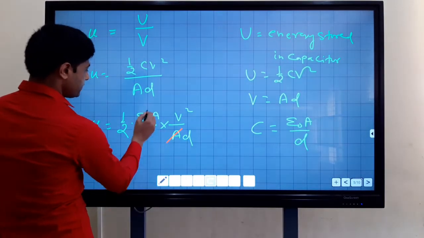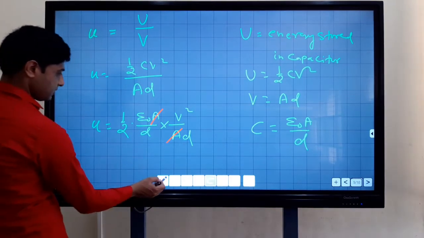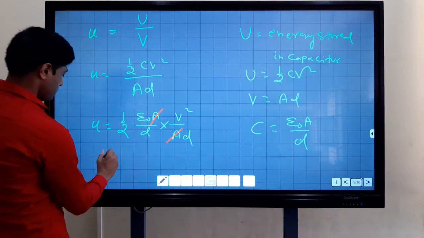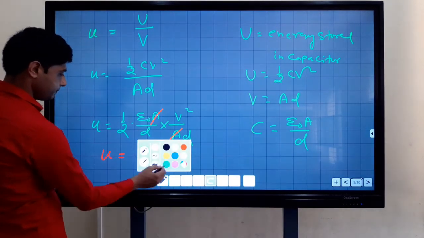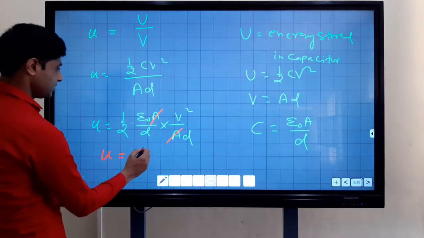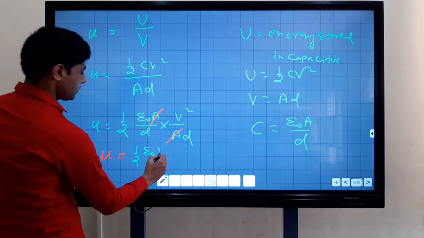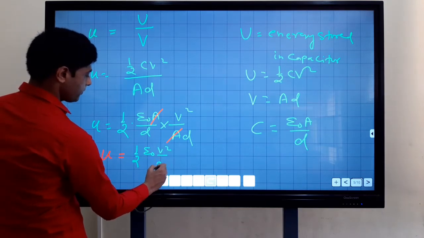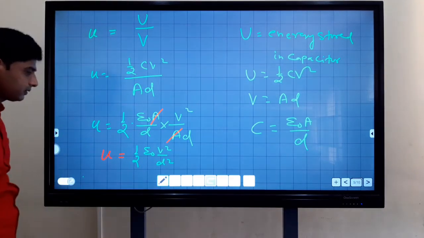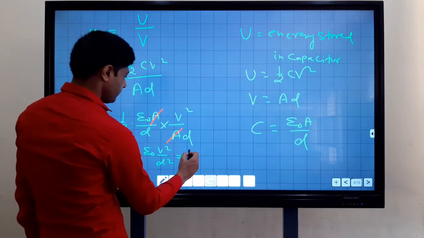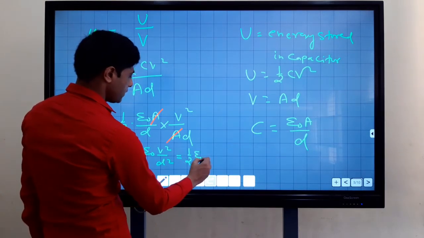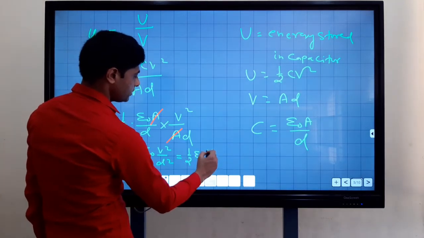This A cancels with this A. So u equals 1 upon 2 epsilon naught V square upon D square. It means 1 upon 2 epsilon naught, V upon D, whole square.